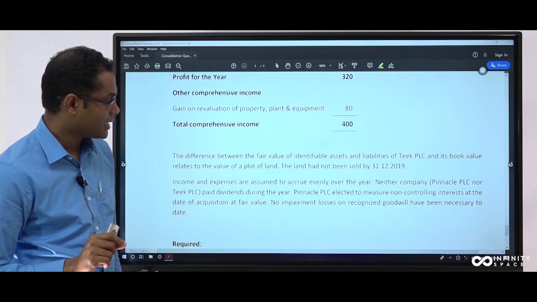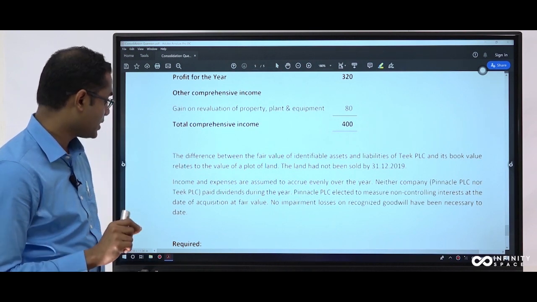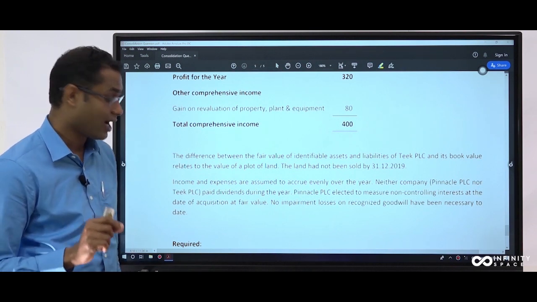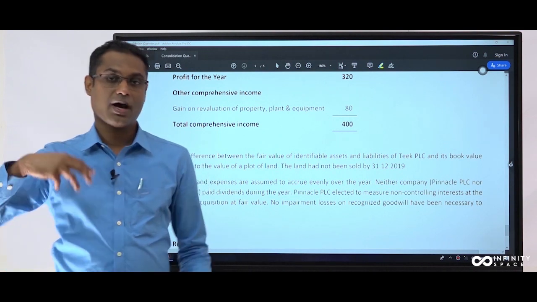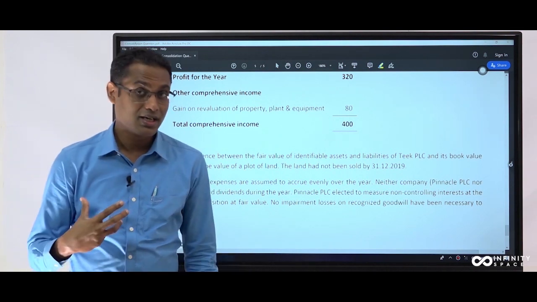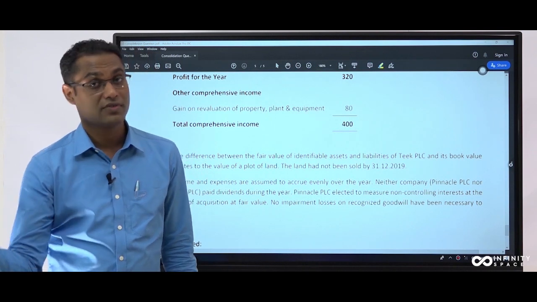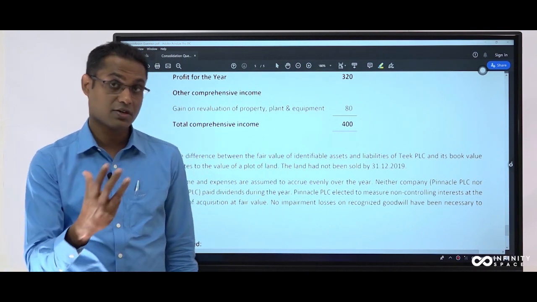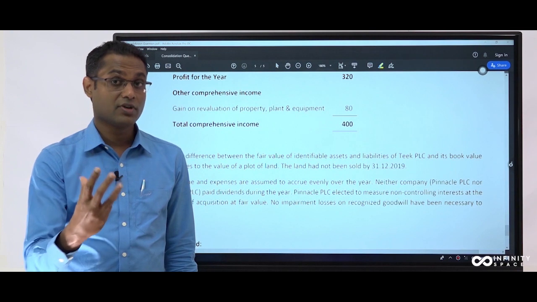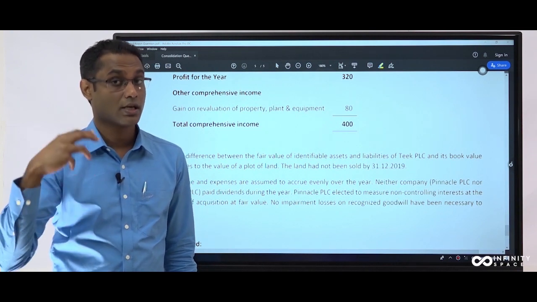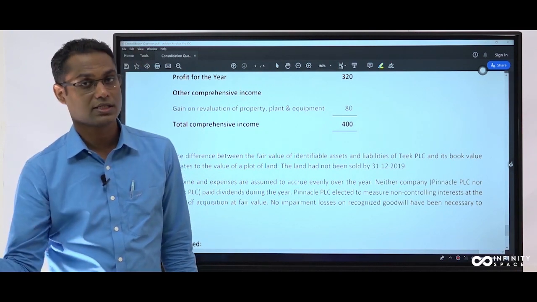Pinnacle PLC elected to measure the non-controlling interest at the date of acquisition fair value. This is what I mentioned. You have two approaches to measure the non-controlling interest and the goodwill figure. With the fair value method, the goodwill includes the parent's goodwill and the non-controlling interest goodwill.